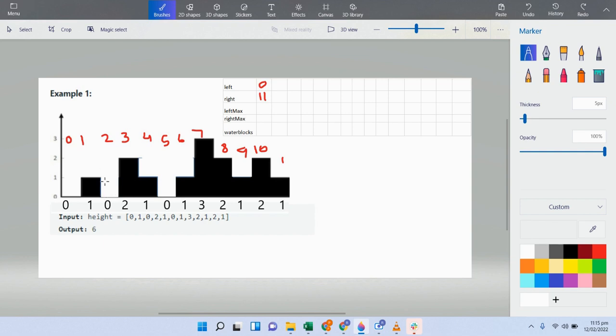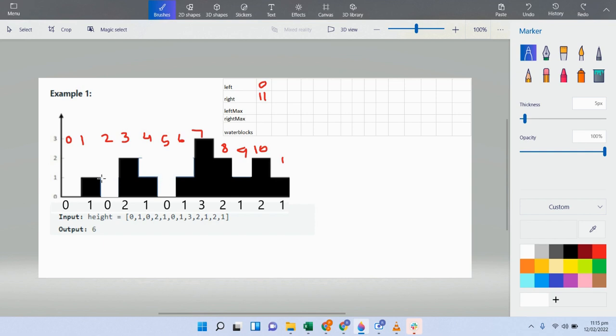Here, for example, the height is 0, whereas the height at this place is 2, and so on. And on the top I have written the index. This is the 0 index, this is the first index, second, third, fourth, fifth, and so on.